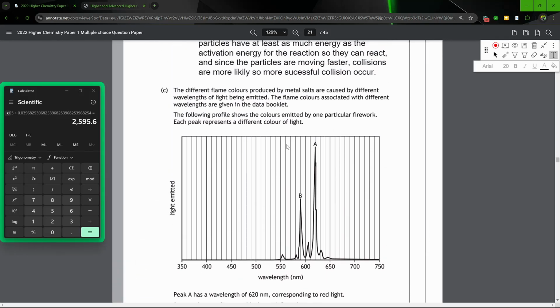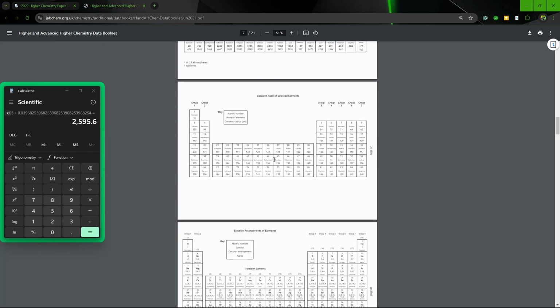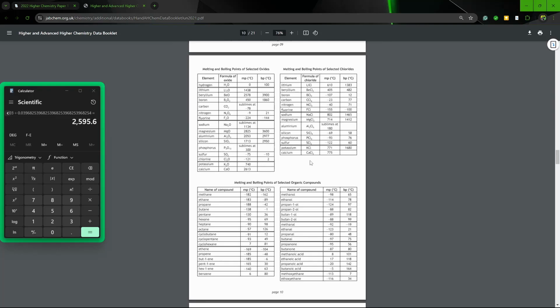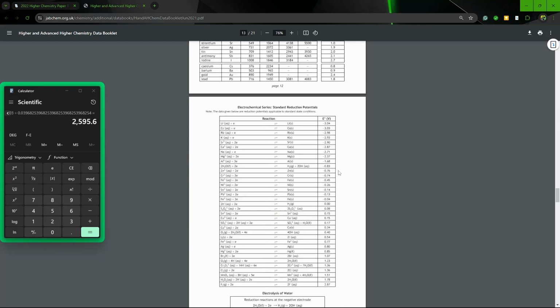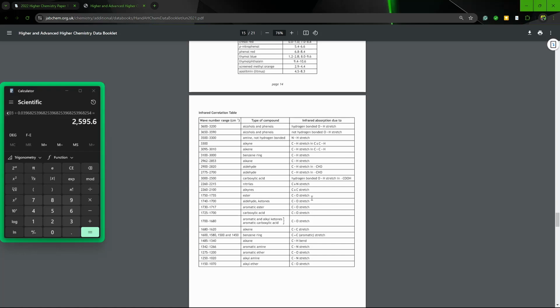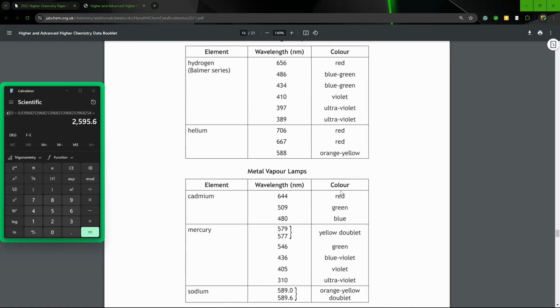So let's go to our data booklet and see if we can find anything useful, because there should be a nice table that tells you about the different colours. Not the infrared correlation table, no, that's not it. So spectral lines and flame colours. I've basically never needed to pull this out, but it is a first time for everything.